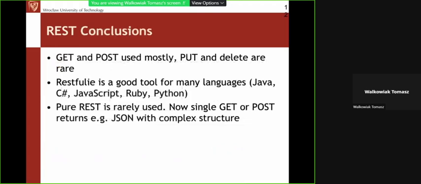Get and post are mostly used in practice. Put and delete are rarely used. We have tools, libraries for all of the languages. If not, opening a TCP connection is simple. You can even develop a REST client from the shell.